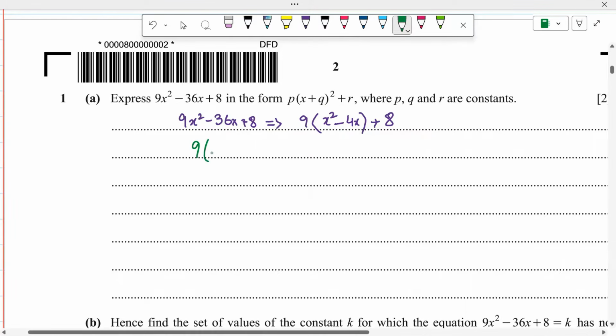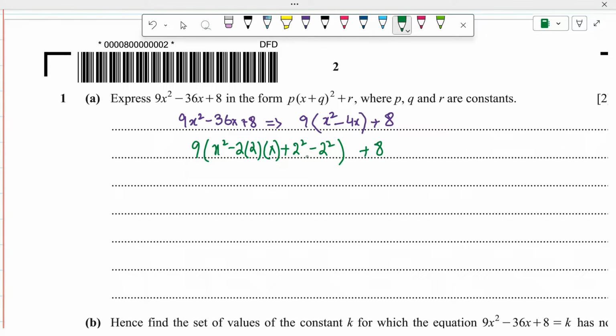So 9 times (x² − 2 times x plus 2² − 2²), we just add and subtract the 2². So 9 times (x + 2)² − 4, plus 8.